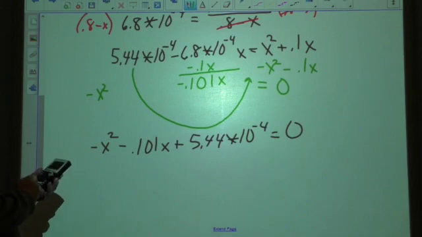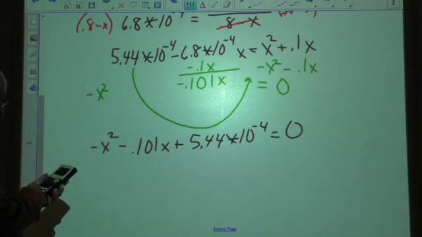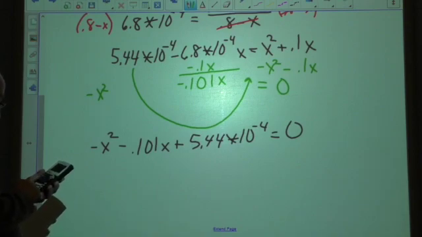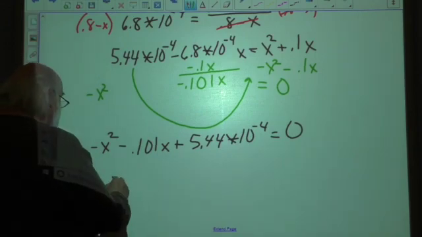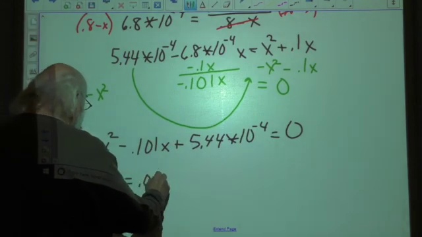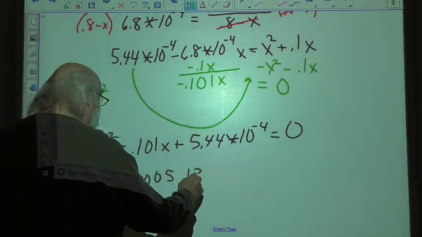And I have negative 1 for A. I have negative 0.101 for B. I have 5.44 E negative 4 for C, and I get x is equal to 0.00513 molar.